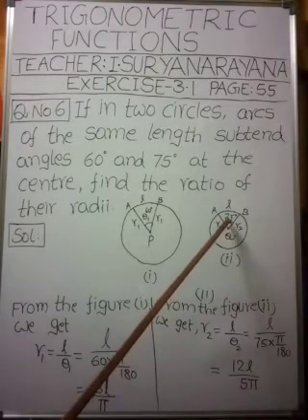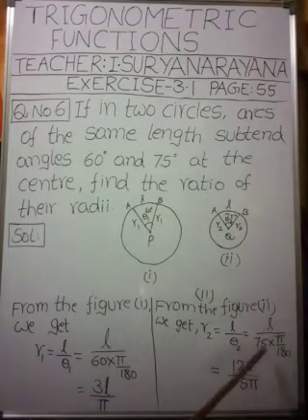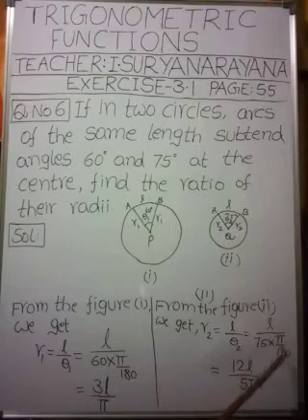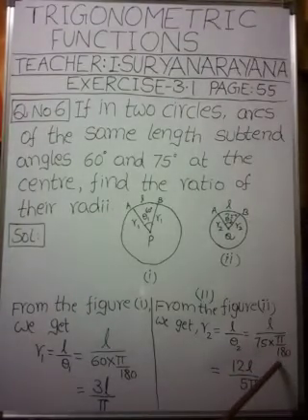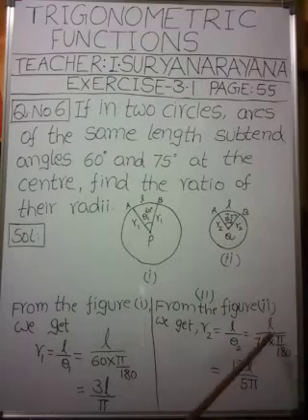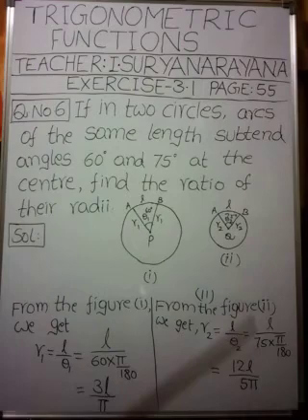Here theta is given in degree measure, so we are converting this angle into radian measure in the denominator itself. So 75 into pi by 180. Understood this denominator part, my children? Right. By simplifying this number, what will you get here? 12L by 5 pi. Understood, my children? Right.